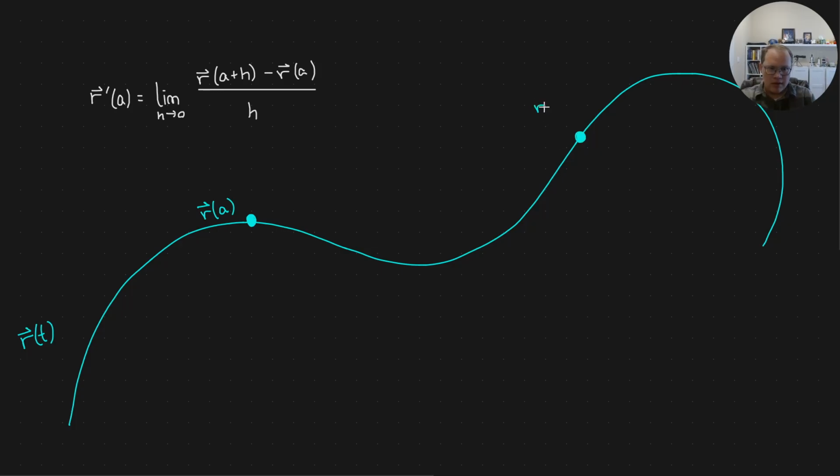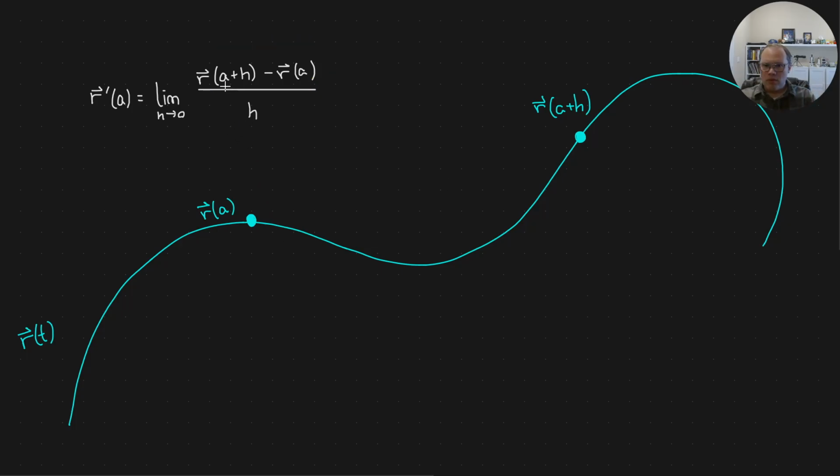Maybe this is r of a plus h. Now, of course, h is going to change. We're going to let h get smaller and smaller. As h gets smaller, this point will move back along the curve.